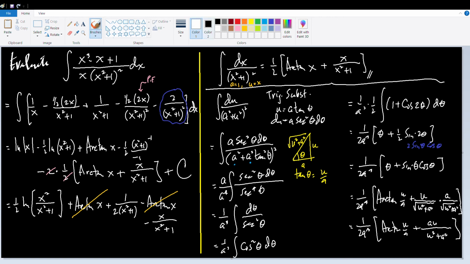So we rewrite our answer as 1 half ln of x squared over x squared plus 1 plus, we can combine 1 over 2 times x squared plus 1 minus x over x squared plus 1 into a single fraction, 1 minus 2x over 2 times x squared plus 1, plus c.